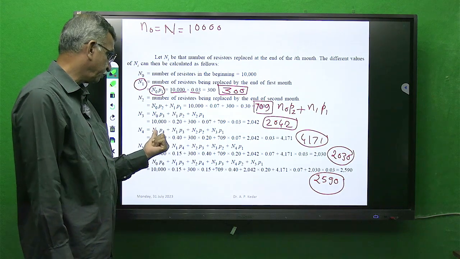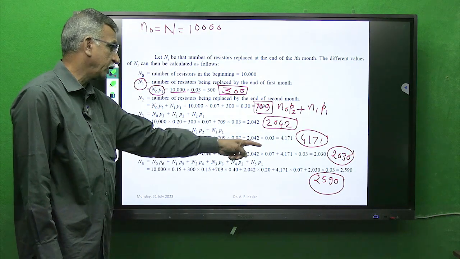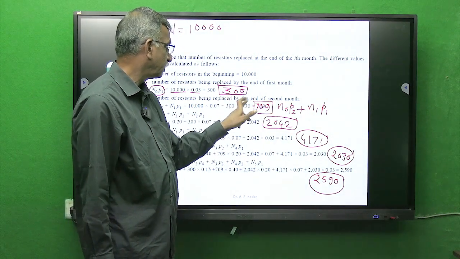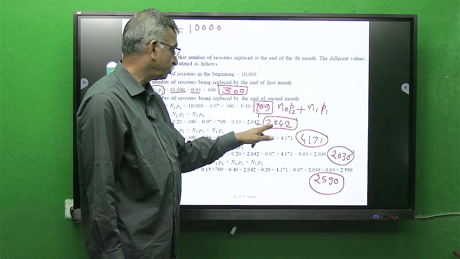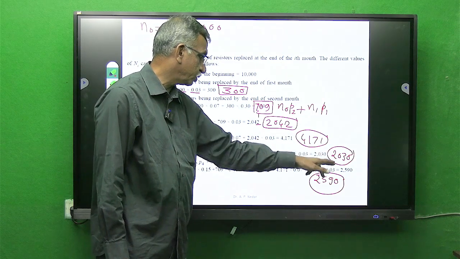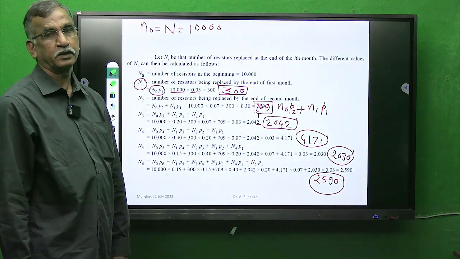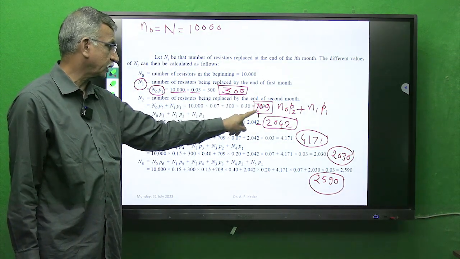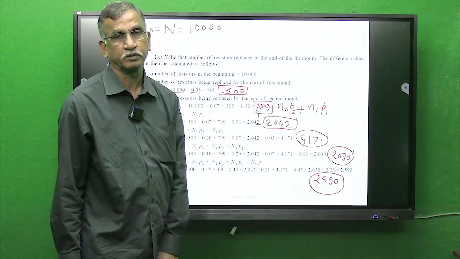First the formula is written and below that the values, and these are the final values. So I have rewritten the final values: 300, 709, 2042, 4171, 2030 and 2590 as the number of replacements at the end of first week, first month, second month, third month, fourth month, fifth month, sixth month.